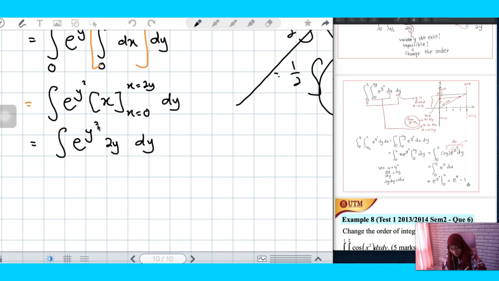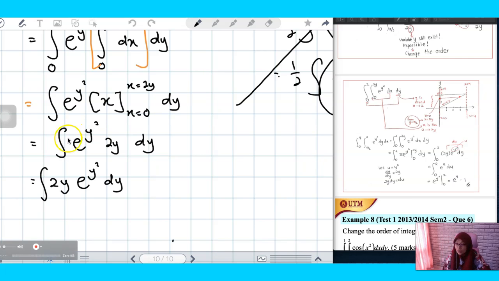So now you have 2y in front, y squared dy. You can see that you have y squared and you have 2y here.